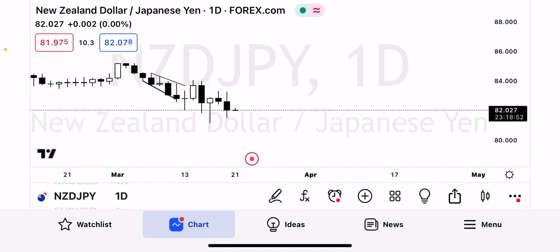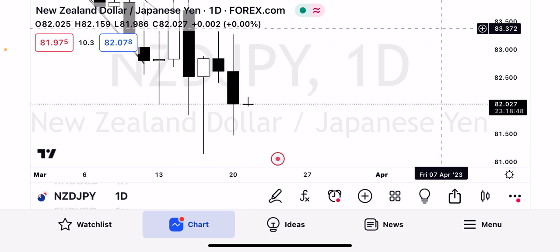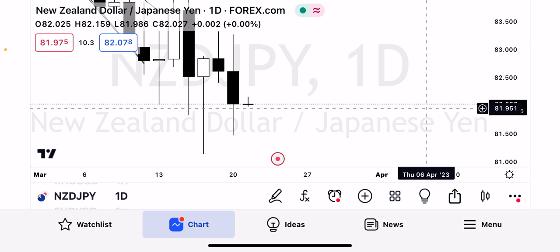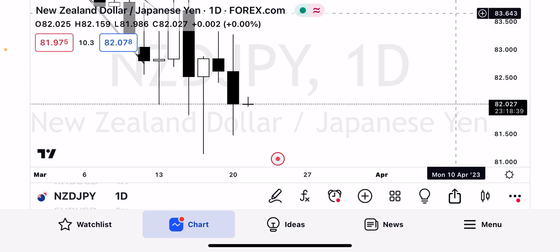So you see this place written 83.500. This black icon that is shaking here, this place written 83.500. These are price levels on the chart. Understand? Those are price levels.